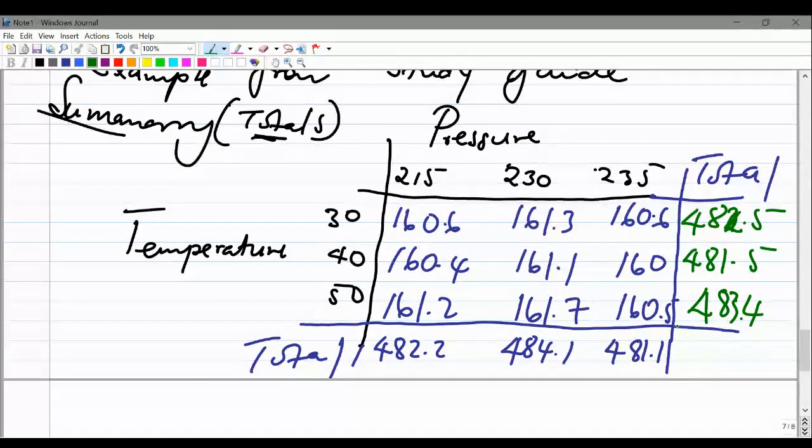You can simply add the green ones, it's the same thing. You can just add these three. 1447.4. So here we have our summary, guys.